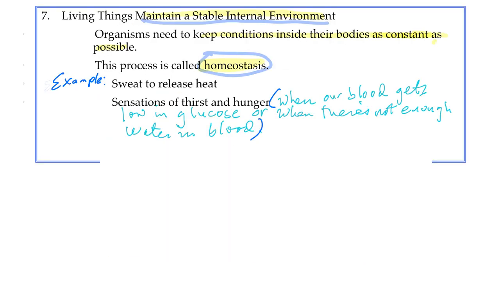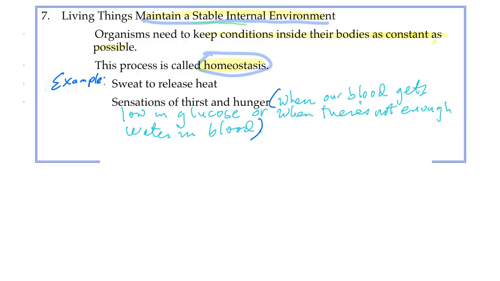A seventh property of living things, and you don't have to know them by numbers, is that all living things maintain a stable internal environment. Okay, you have to, in your cells, maintain, it's like a thermostat. You have to have it at a certain level to survive.